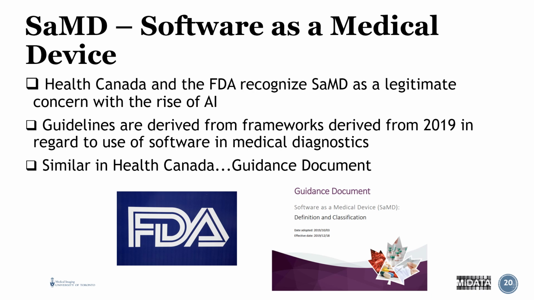Health Canada and the FDA recognize that with the rise of AI, this is a concern, because regulating all this software that is coming out is tricky, very time consuming, and a lot of work for them. They recognize that it's a large challenge that they need to address.